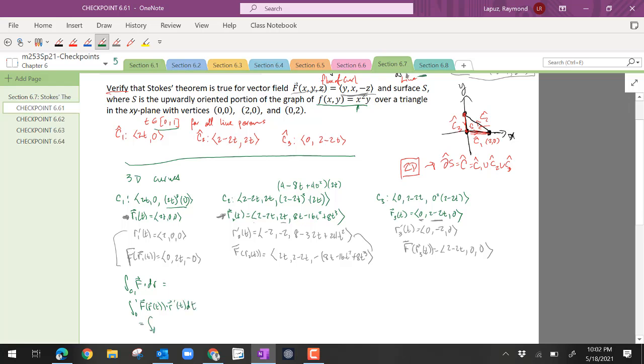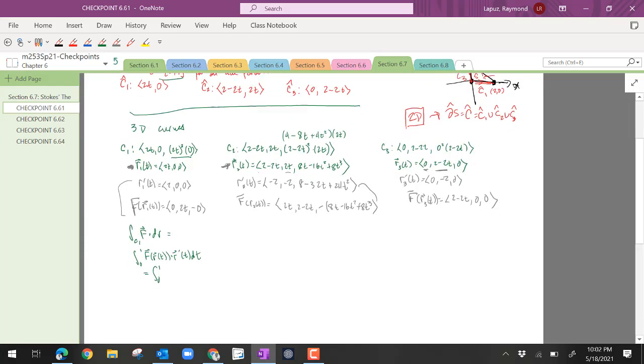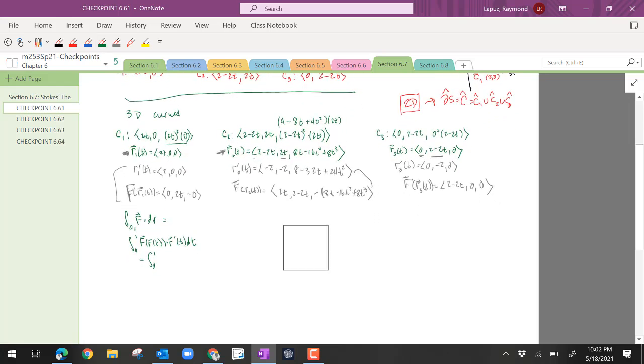This is the integral from 0 to 1 of the dot product of these two, so that's 0, 2 times 0 is 0, 0 times 2t is 0, and 0 times 0 is 0. So that turns out to be 0.